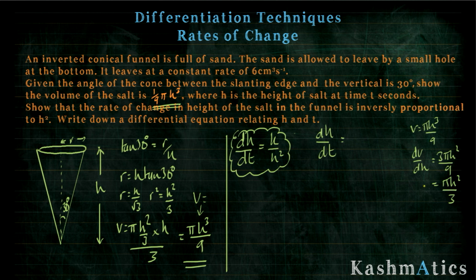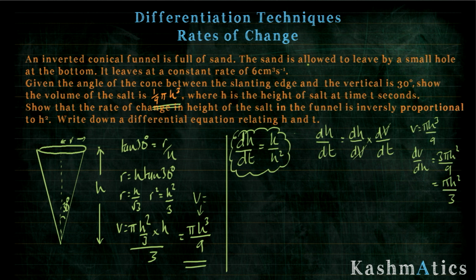Now dv by dh, if I flip it upside down, becomes dh by dv. So let's just write down dh by dv first, and then think about what I need to multiply dh by dv by to get dh by dt. So we need to cancel out this dv and then introduce a dt, so that'll cancel that out, leaving me with dh by dt.